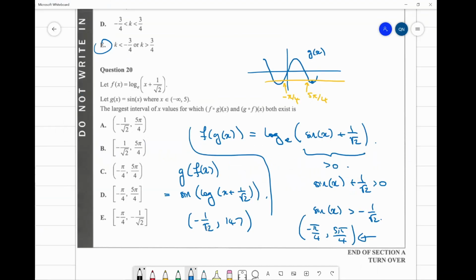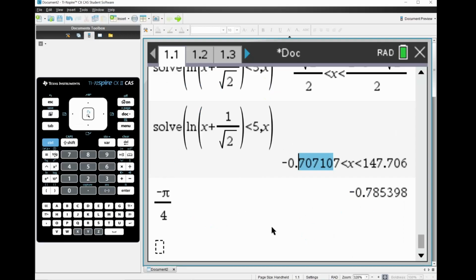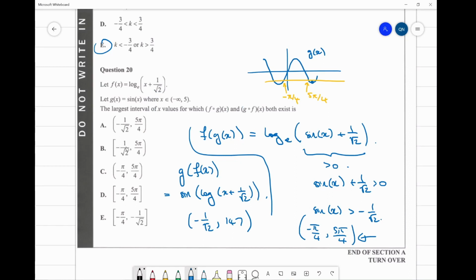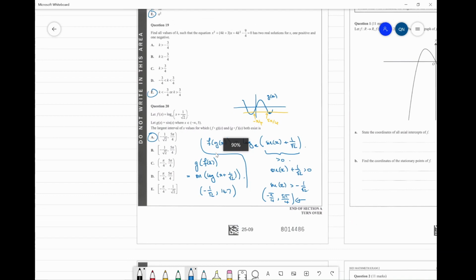So we're going to start at this guy over here. Do we want that? No, it can be option A, right? Because this is exclusive, and we go up to 5π/4. So I'm going to go with option A. We'll see if that's right or not.